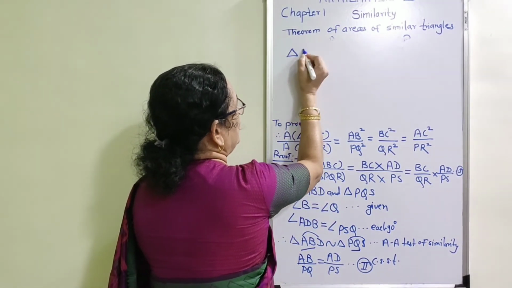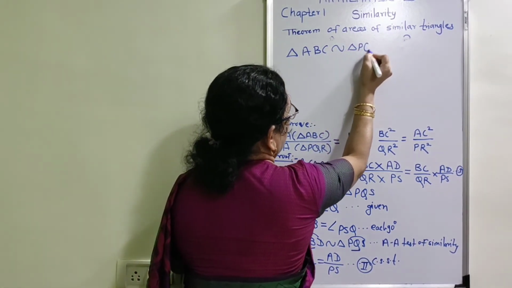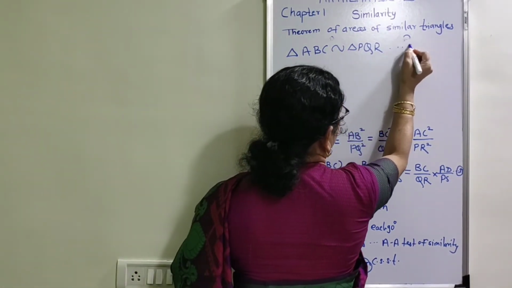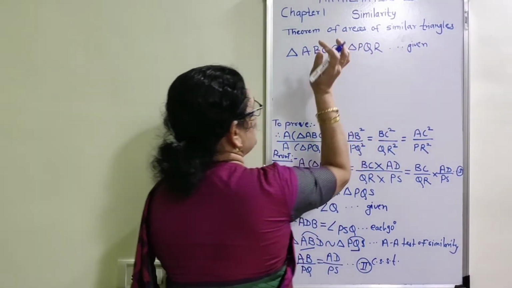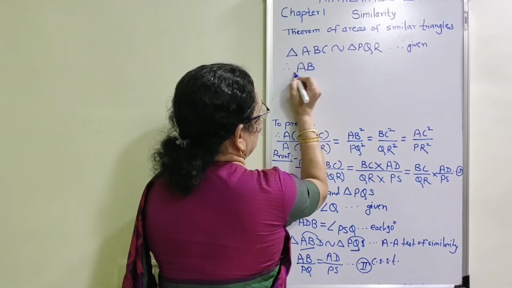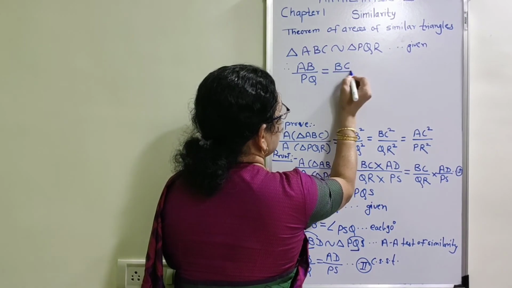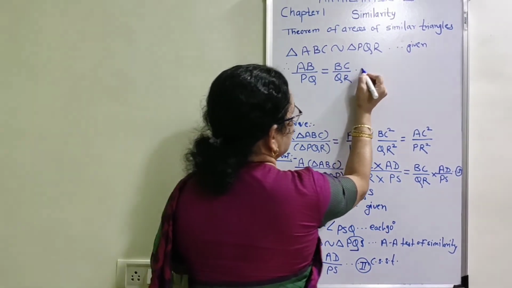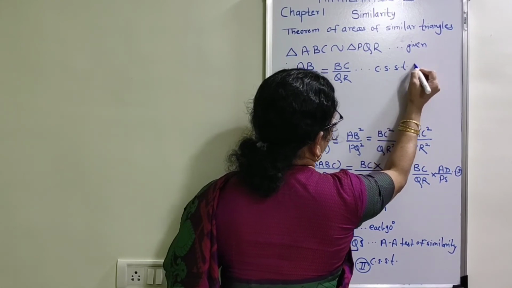Now, triangle ABC is similar to triangle PQR. This is given. Now write down the corresponding sides. Therefore, AB upon PQ is equal to BC upon QR. This is also corresponding sides of similar triangles.